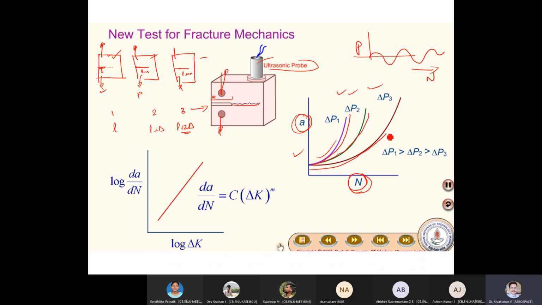The crack will grow, but you can see here, delta P1, P2, P3. Here what they did: crack length is same for all three specimens. I'm sorry, the crack length is same. The load was changed, three types of loads.